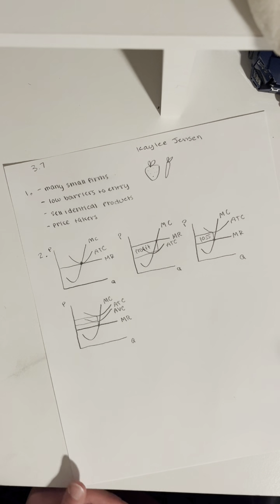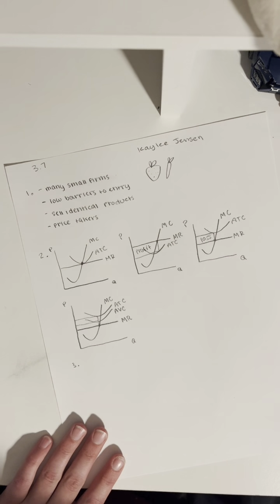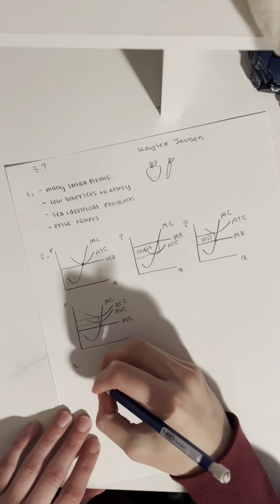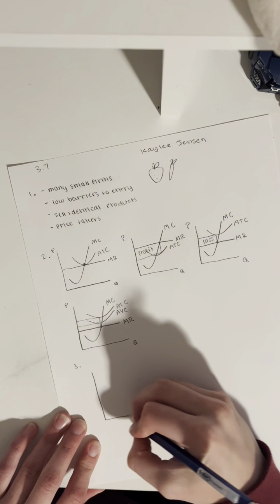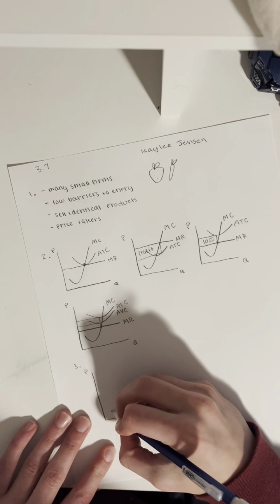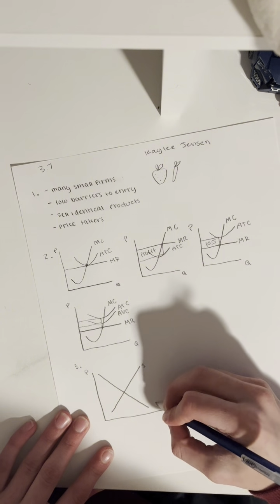So next is number 3, our long run to short run to long run. So a side-by-side graph here would be like this, and then we have our price and quantity, and then we have supply and demand.